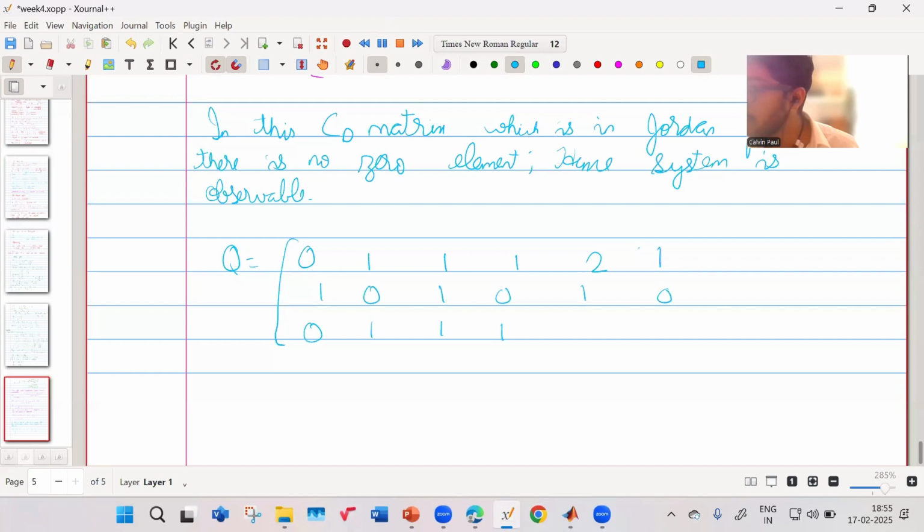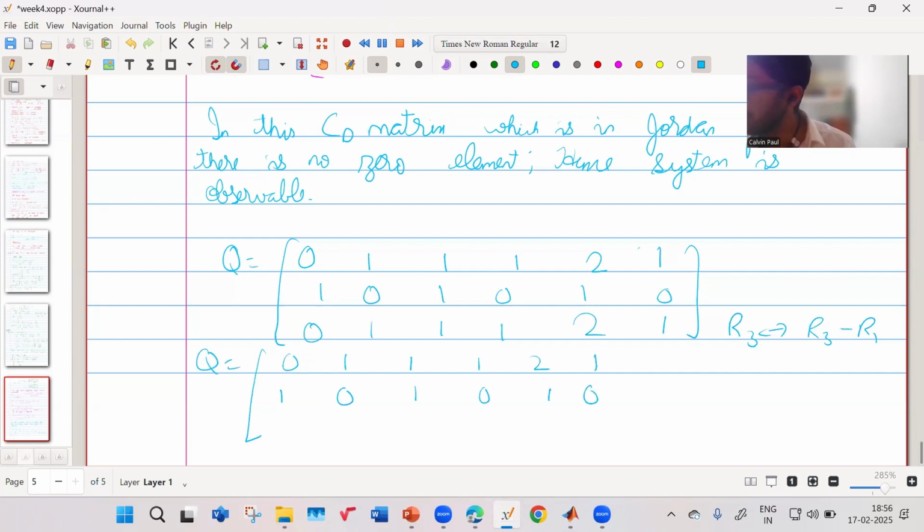So what they have done is R3 is equal to R3 minus R1. So your Q matrix you get to be 0, 1, 1, 1, 2, 1, 1, 0, 1, 0, 1, 0. And since the R3 and R1 rows are the same, it becomes 0, 0, 0, 0, 0, 0. Okay, this is the first part they've done.